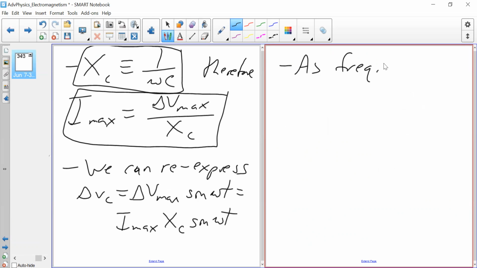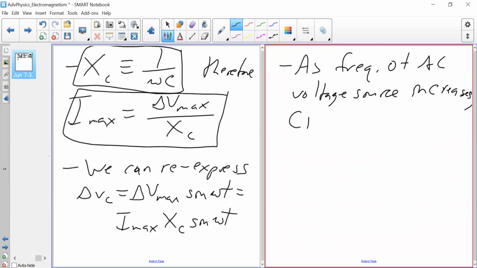As the angular frequency, I'll just say frequency, of the AC voltage source gets higher, as that increases, the capacitive reactance decreases.